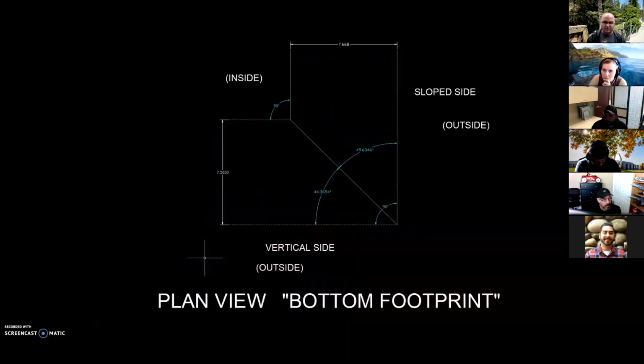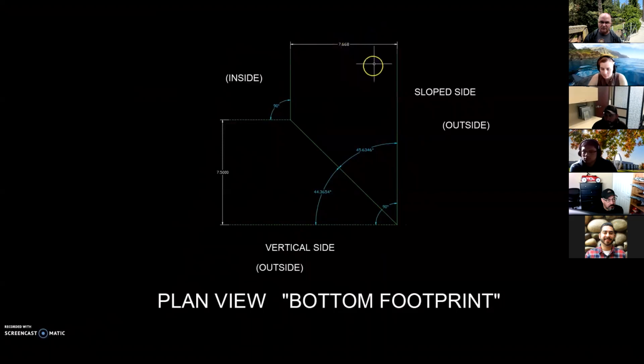This is the plan view, or what I want to call bottom footprint, developed, as you may remember, with values obtained in previous graphics. As you can recognize in the left side of the corner representing the vertical elevation, the 7.5-inch deep system. In the other, the slope side, the 7.668 depth.